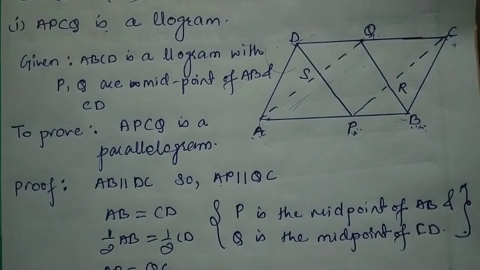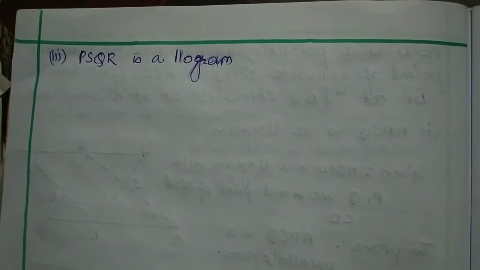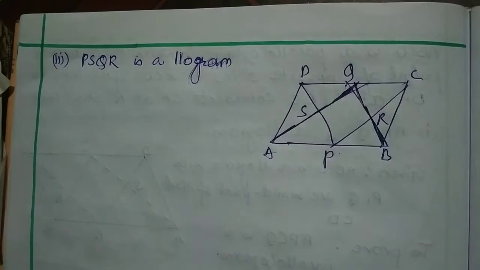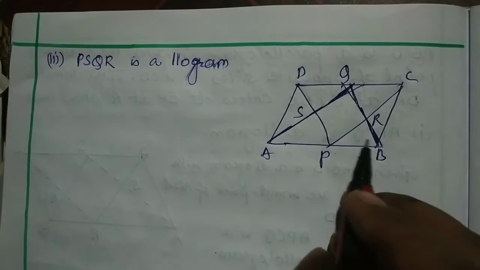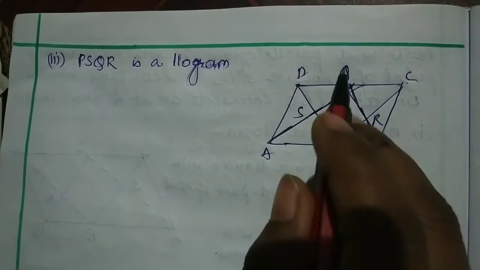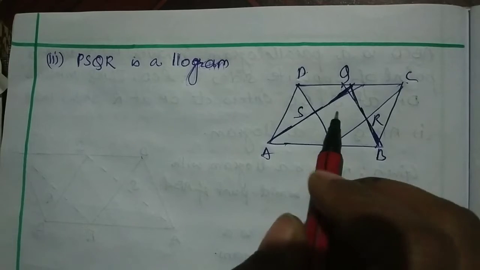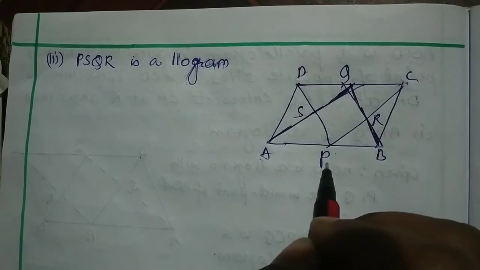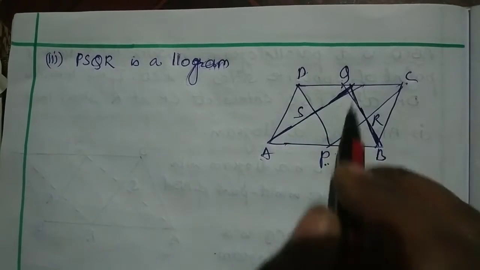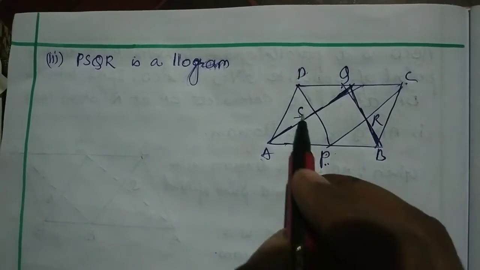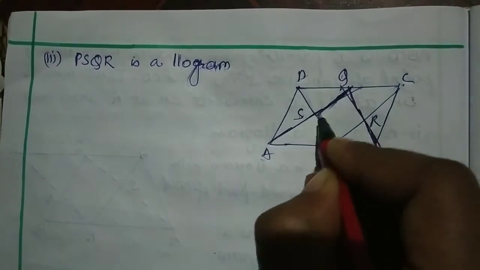Now let's see the third part of this question. PSQR is a parallelogram. This is the diagram: ABCD is a parallelogram and these are the midpoints. In the third part we need to prove that PSQR is a parallelogram inside this.